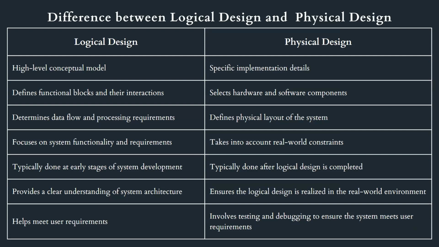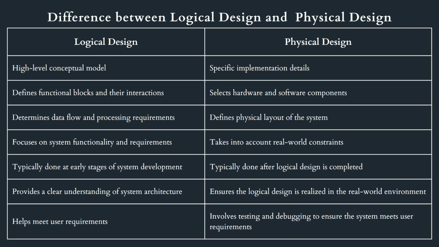So specific implementation is done in the physical design of IoT. Then in the logical design of IoT, we will be defining the functional blocks that are required and the interactions between these functional blocks. So we'll be talking about this in the next slide. And the physical design will be doing the hardware and software implementation.